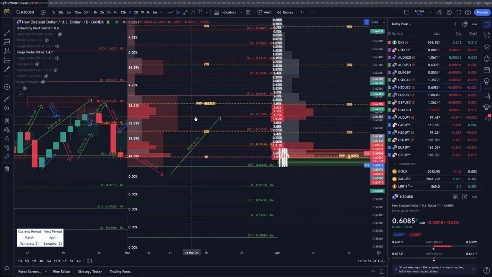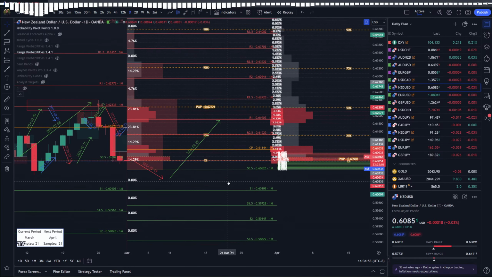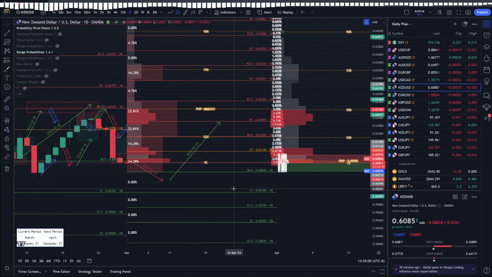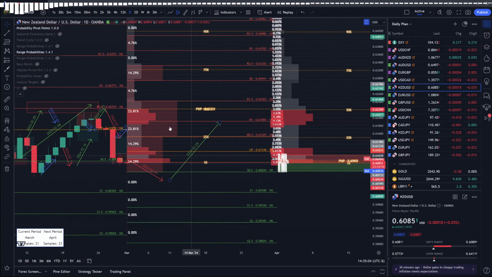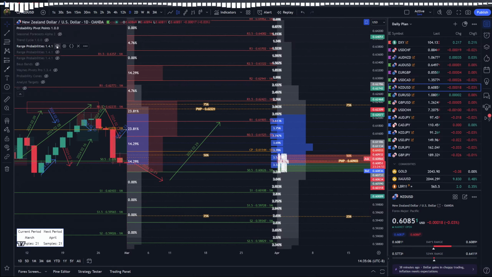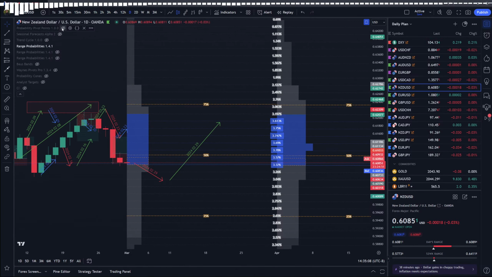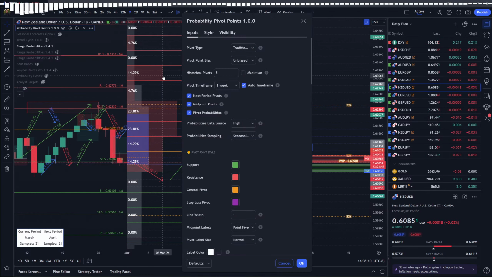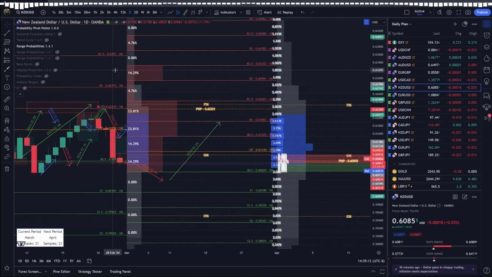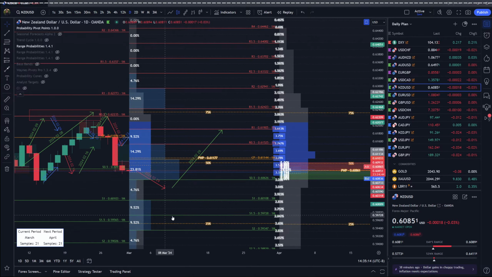I'd say New Zealand's probably got a good shot of 200 pips or 150 pips for the month. Decent shot based on this interpretation, based on these stats and how I'm interpreting them.